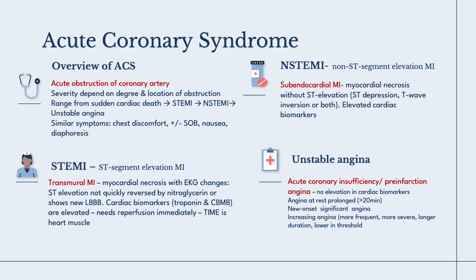So it might be like an early non-STEMI. So it's defined as angina at prolonged rest, so greater than 20 minutes. New onset significant angina or increasing angina. So whether it's more frequent, more severe, a longer duration, or lower in threshold of what would be causing the chest pain.